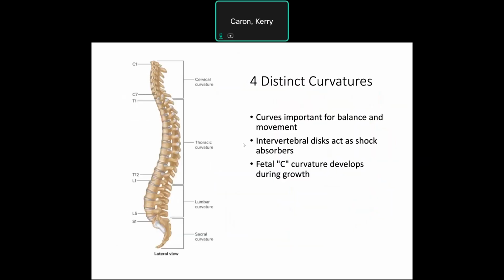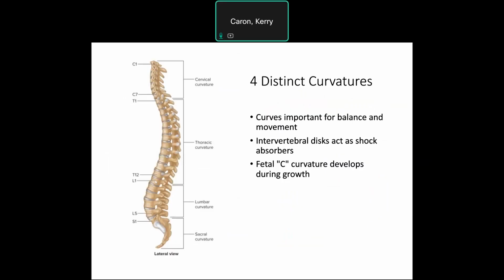There are 4 curves, so our vertebral column is not straight. There should be some natural cervical curvature in the C1 through C7. T1 through T12 has a natural curvature, and then the lumbar spine should have some curvature. Okay, the curves are important, otherwise we would not have balance and movement.